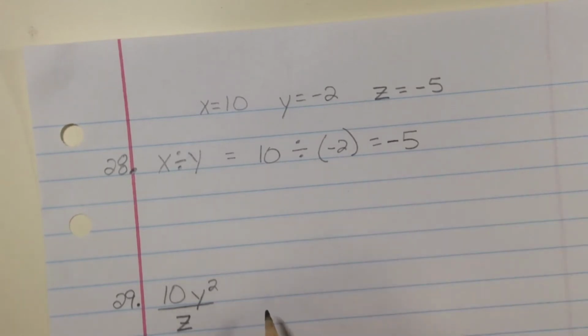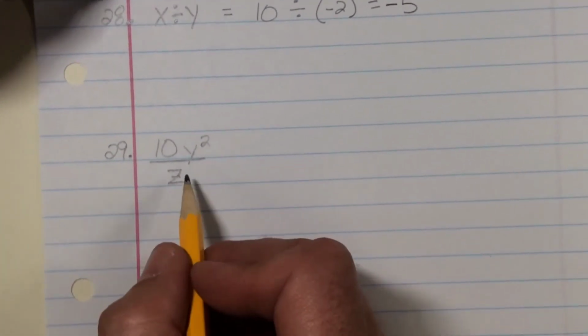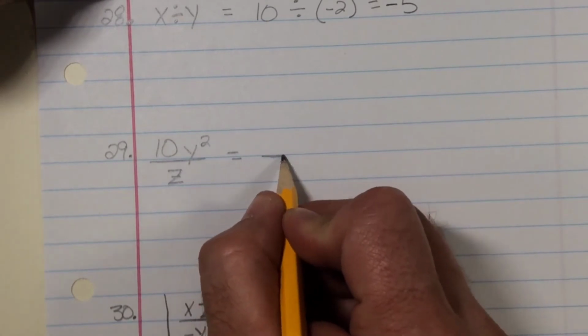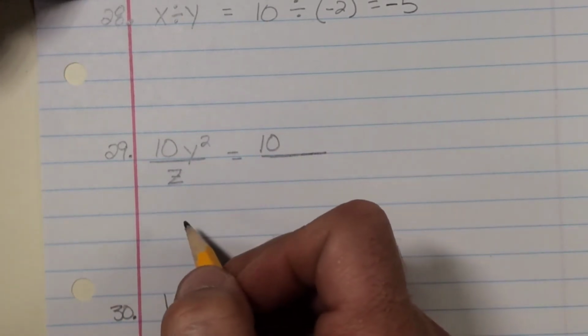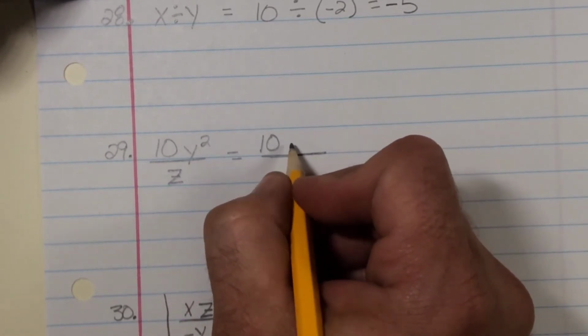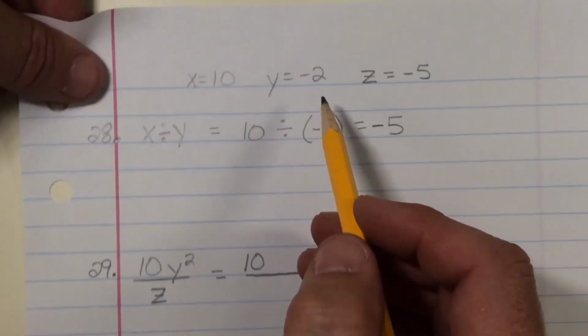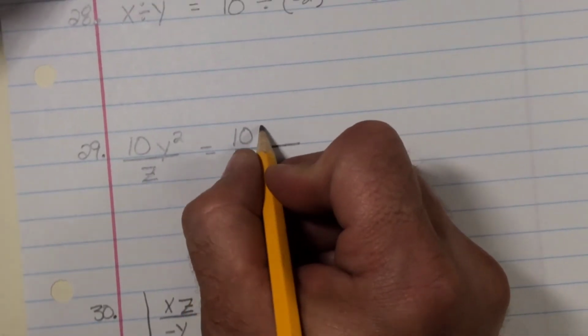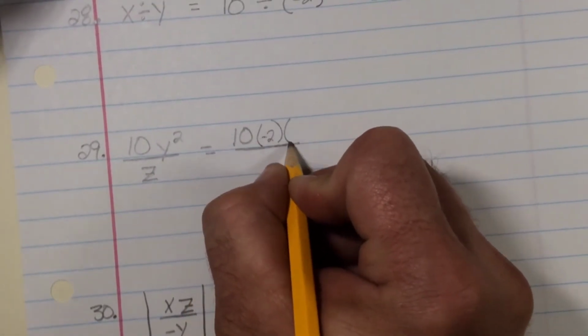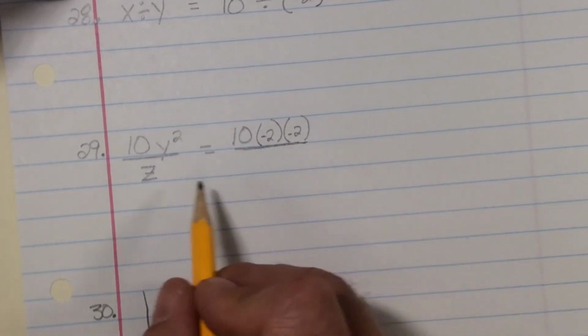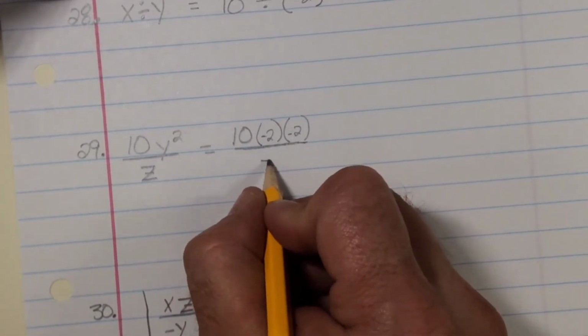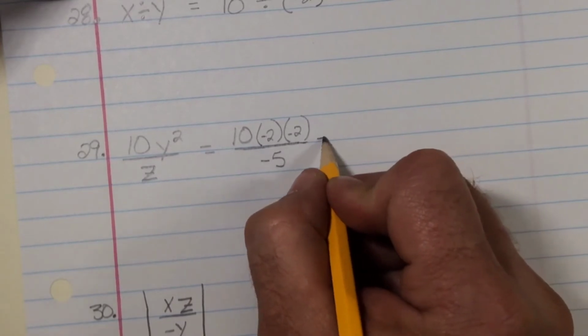For number 29, I substitute in. On the top of the vinculum, I have 10 and then y squared, or y times y. In this case, y is negative 2, so I put in negative 2, negative 2. On the bottom, z was negative 5, so I put in a negative 5.